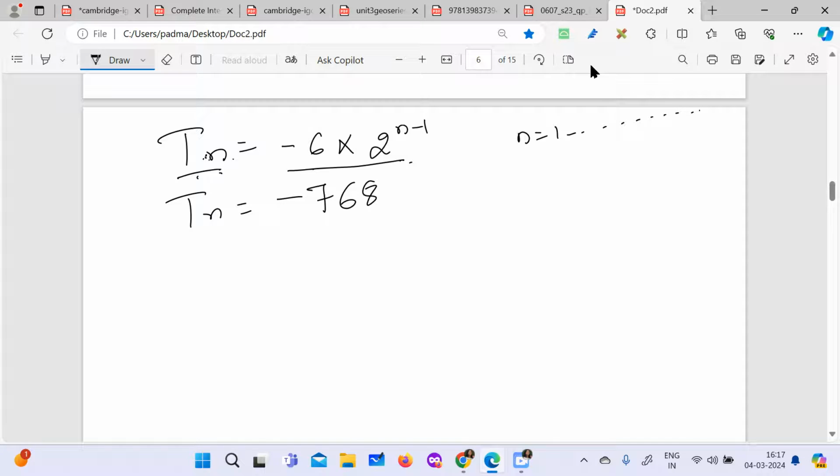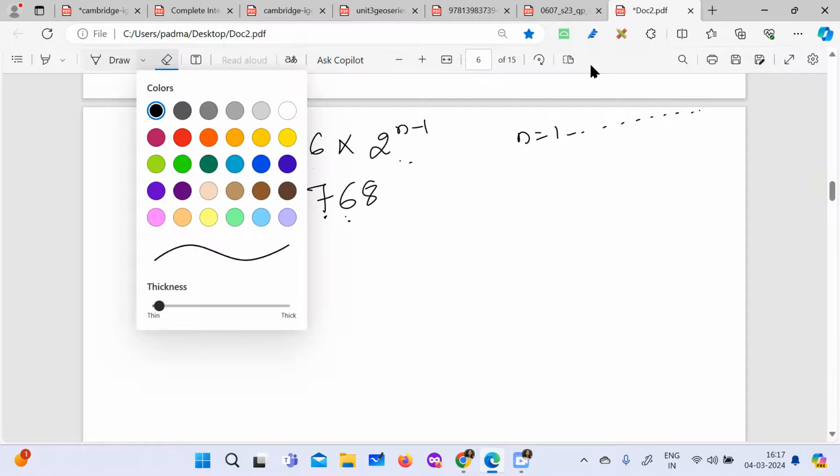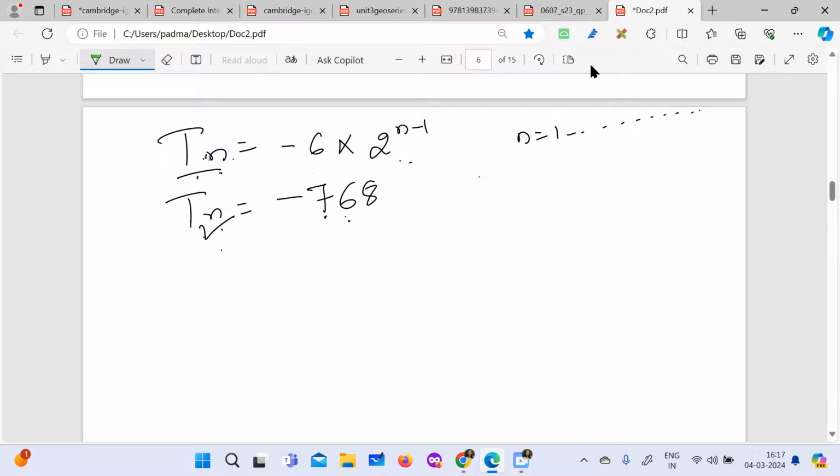Now, here I have the value of Tn, and I have to figure out what is n, for which place in the sequence I have this value minus 768. Therefore, I can write it this way: minus 768 equals minus 6 times 2 to the power of n minus 1. Is this clear to you why I am writing this? Yes.